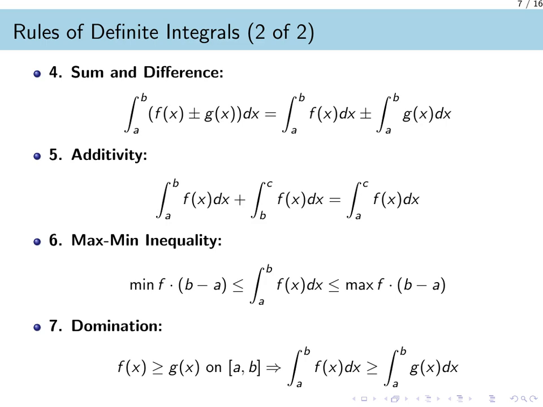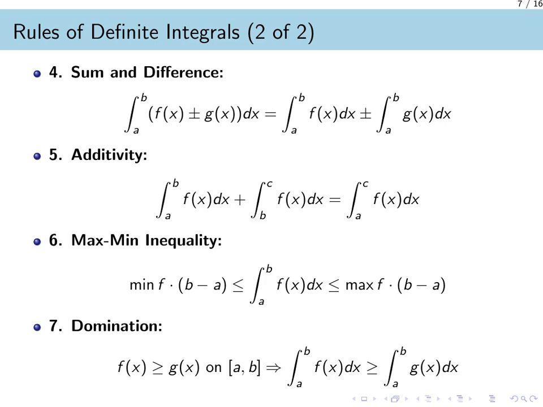Continuing with our list of properties, we have rules for sums, additivity, and bounding. The integral of a sum is simply the sum of the integrals, meaning we can integrate terms separately. The additivity rule tells us that if we break an interval into two parts, the integral over the entire span is the sum of the integrals over the adjacent subintervals.